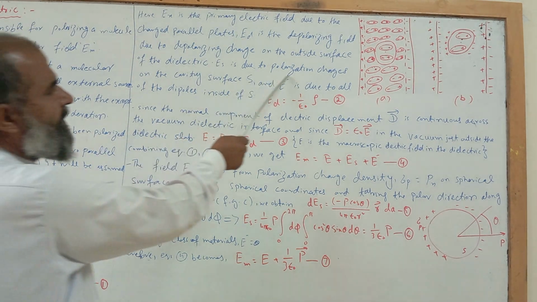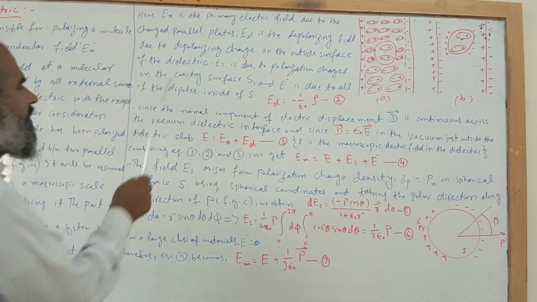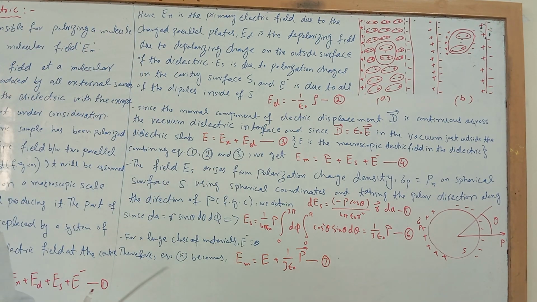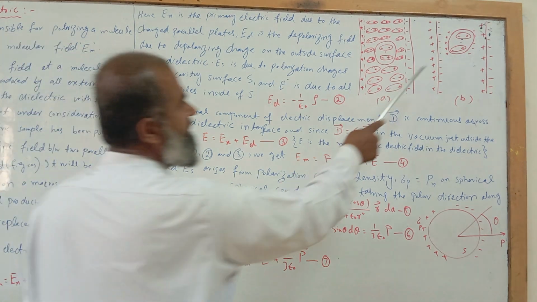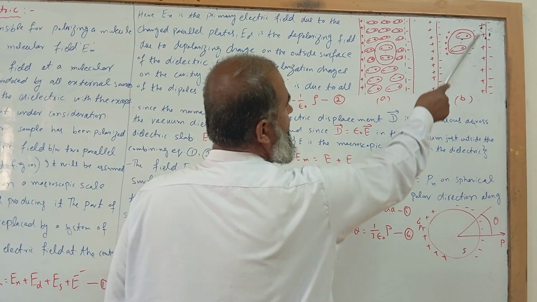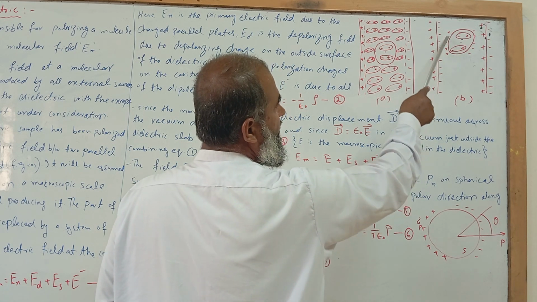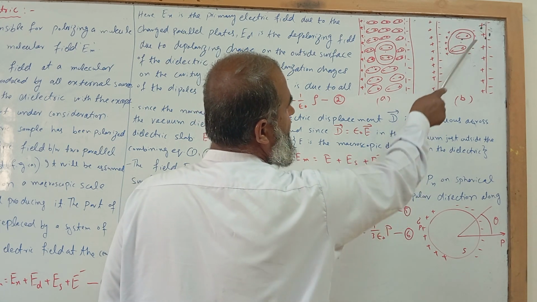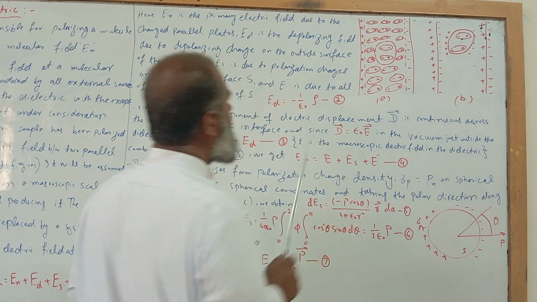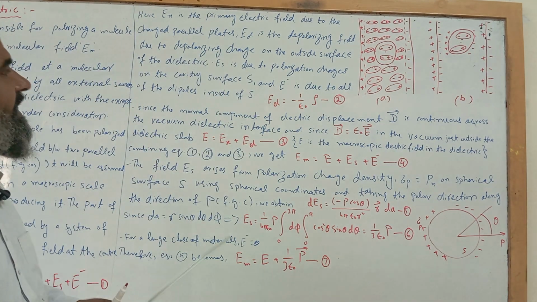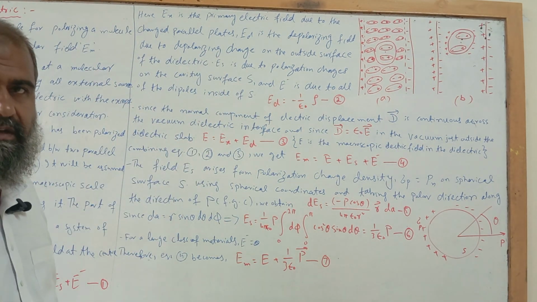Es is due to polarization charges on the cavity surface S. This is the cavity that we are considering, and the charges stored on this cavity have the electric field Es.